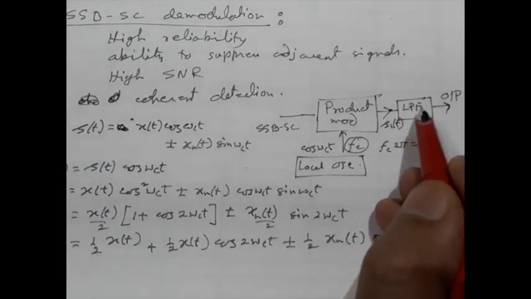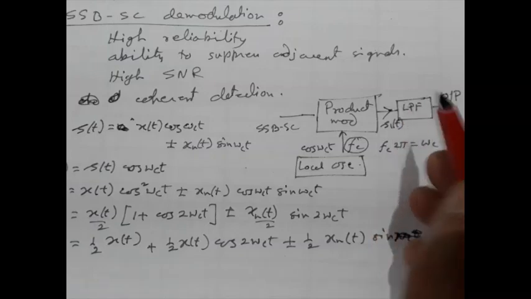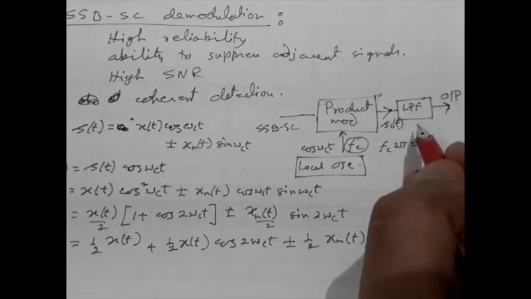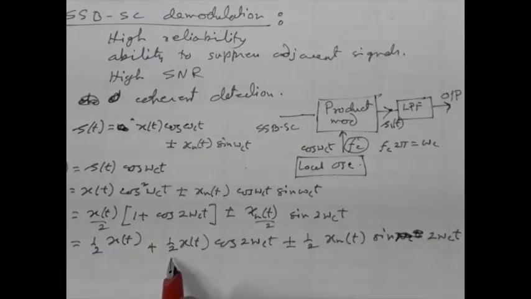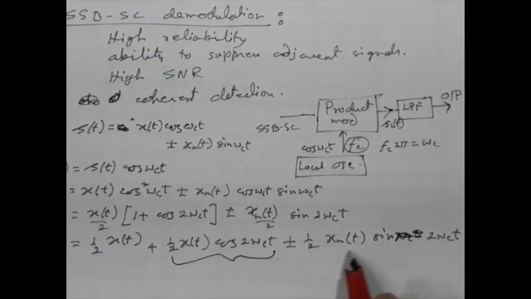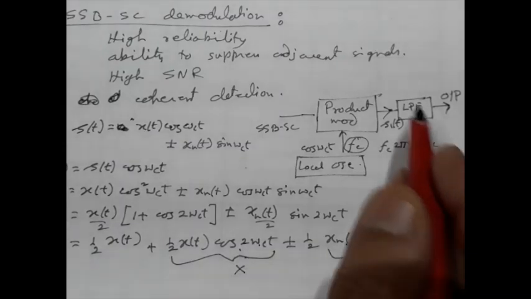Now this low pass filter, the cutoff frequency is equal to fm hertz, where fm is the maximum frequency component of x(t). So this term and this term, both the frequencies are of the order of twice omega c. So these two terms will be removed by the low pass filter.